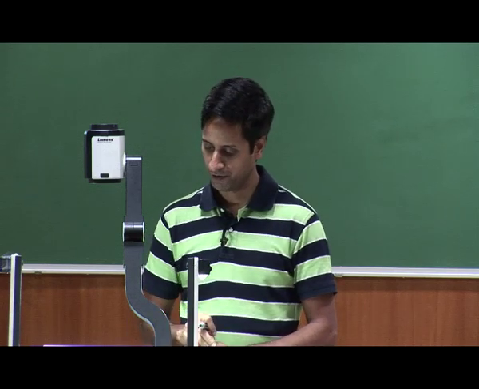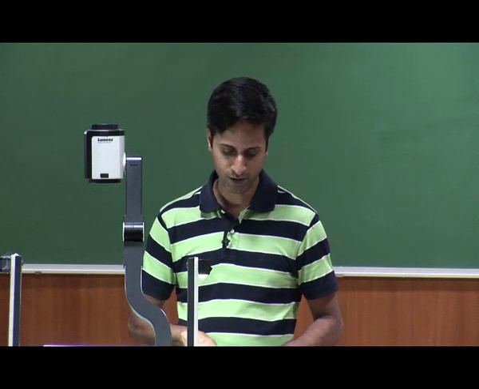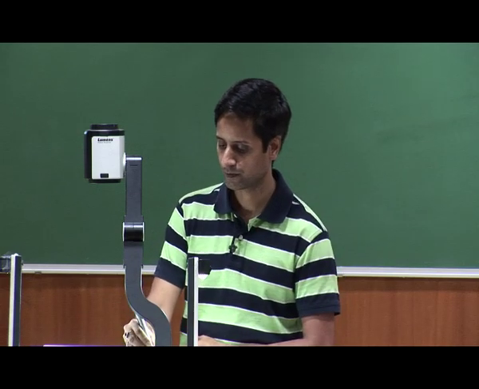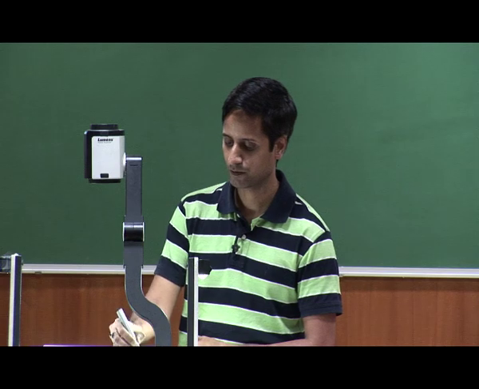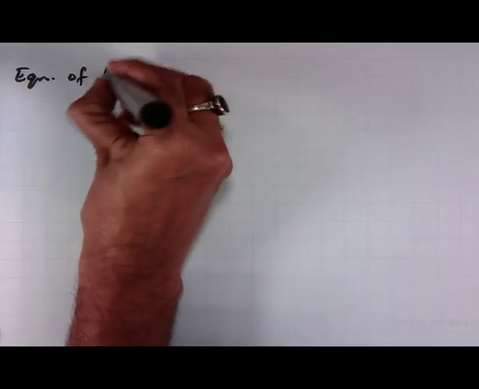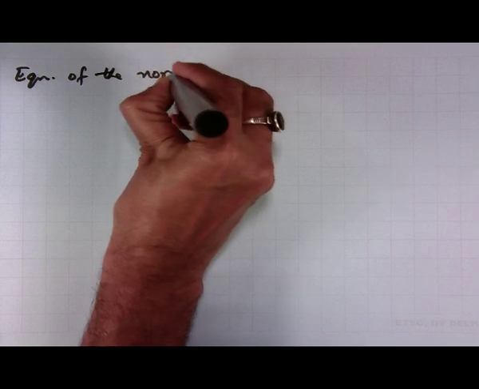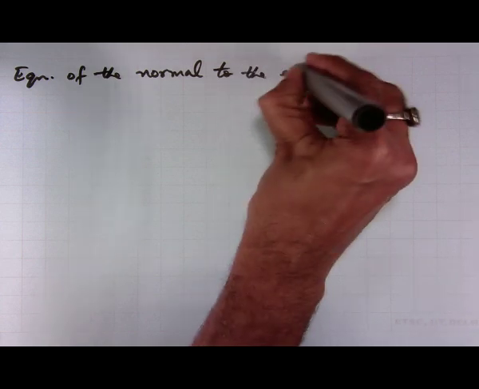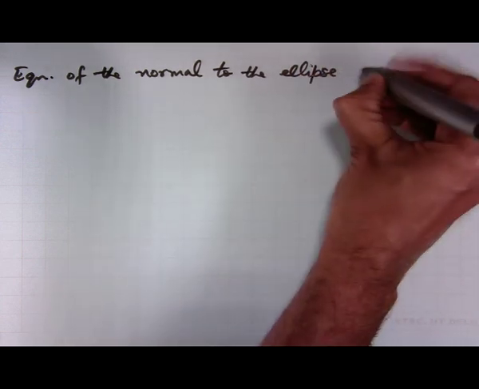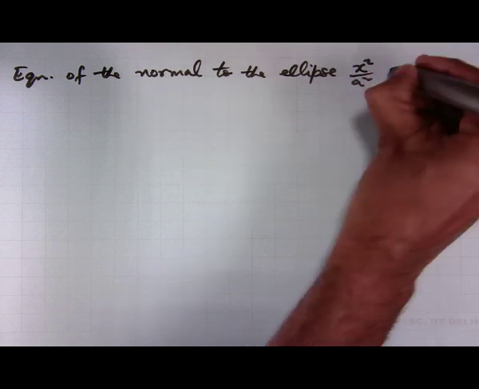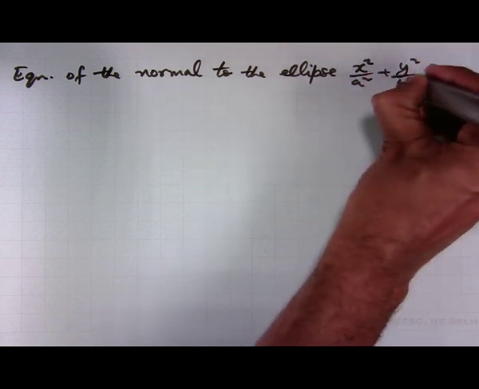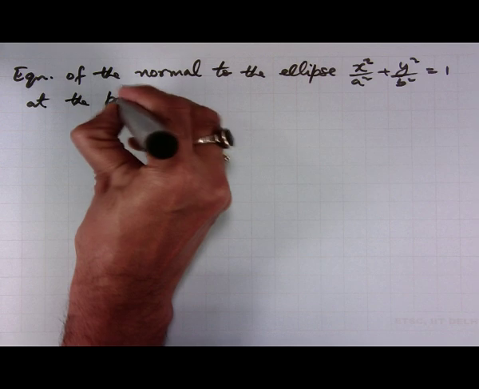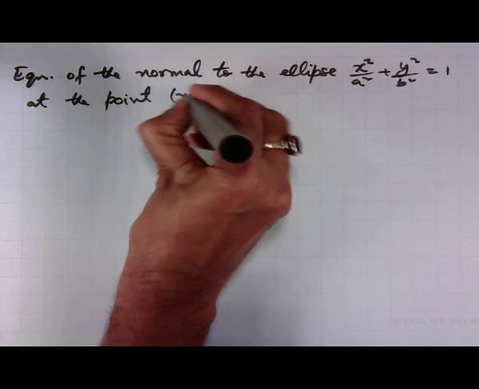Next, we will derive the equation of the normal to the ellipse x square by a square plus y square by b square equal to 1 at the point x1 y1.